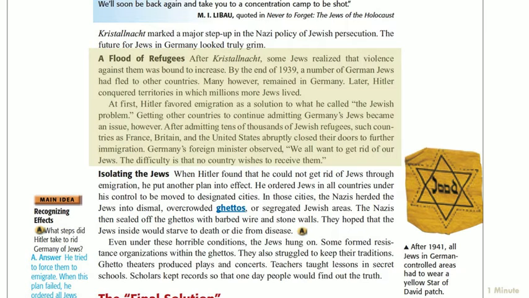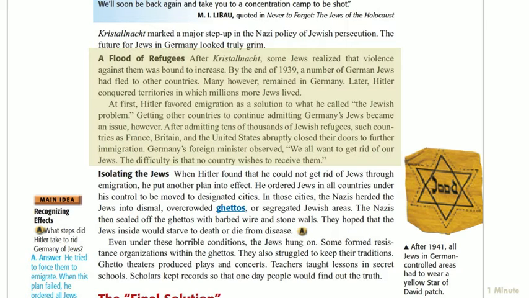After Kristallnacht, some of the Jews realized that violence against them was bound to increase. By the end of 1939, a number of German Jews had fled to other countries. Many, however, remained in Germany. Later, Hitler conquered territories in which millions of Jews lived. At first, Hitler favored immigration as a solution to what he called, quote, the Jewish problem.